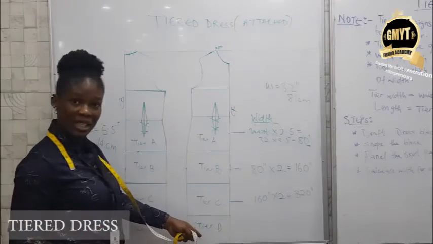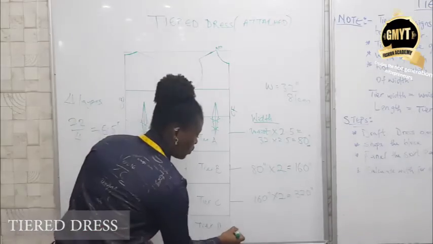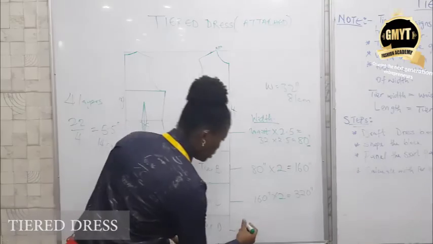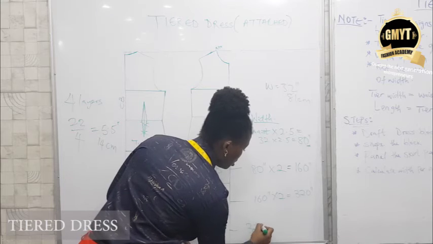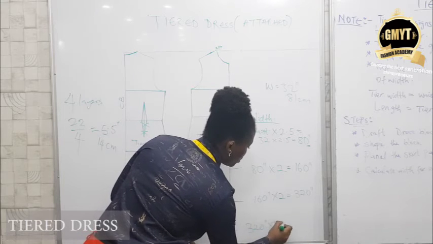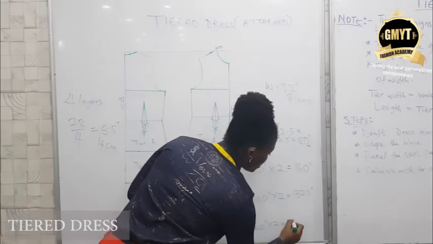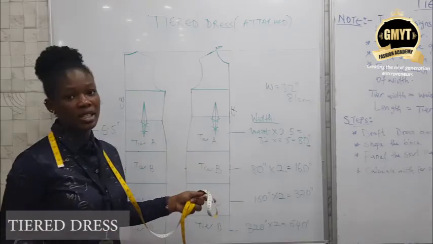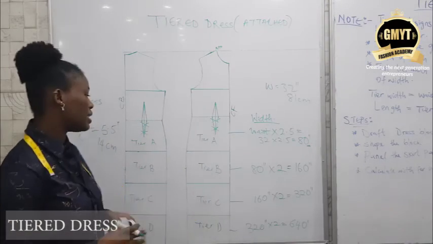For my last layer here, I'm going to use my result for layer C. So 320 times 2 gives me what? 640. Yes, 640 inches, and that is it.